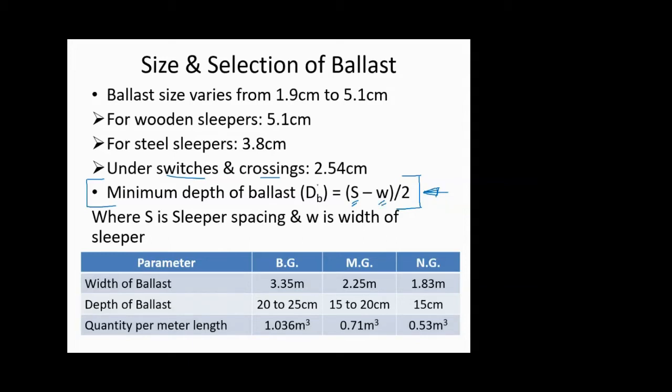Depending on that, you find out the minimum depth of ballast required, and likewise you place it. This table shows the typical values that are used in Indian Railways for broad gauge, meter gauge, and narrow gauge. You can just have a look at it when you go through the slides.